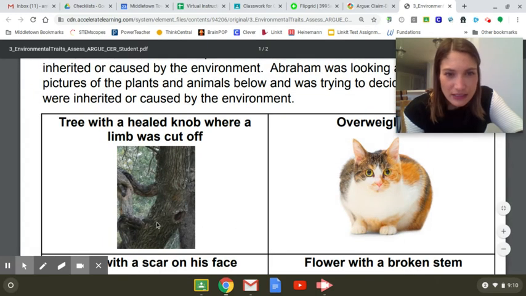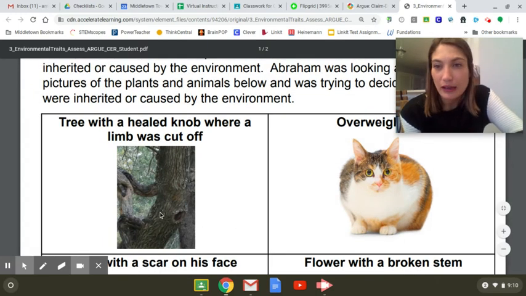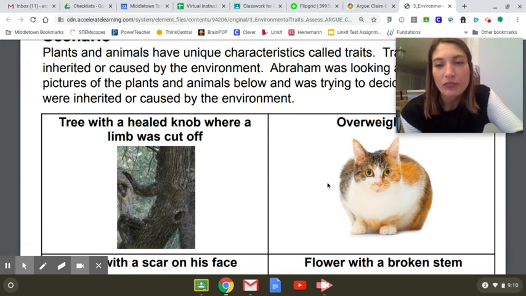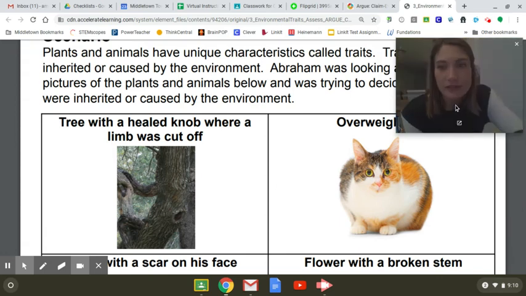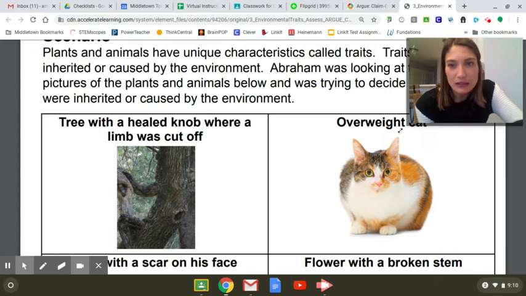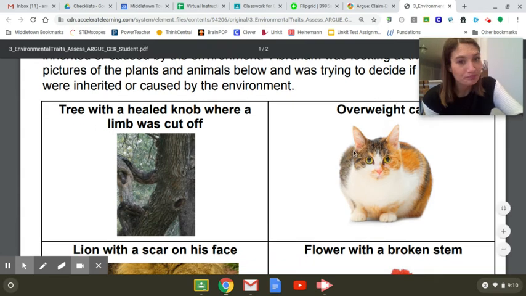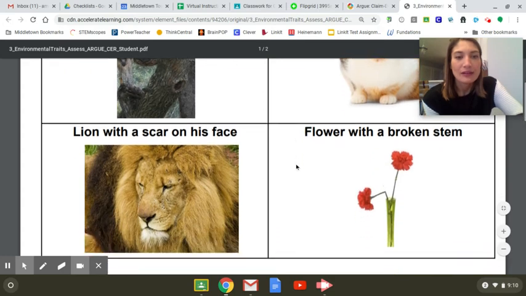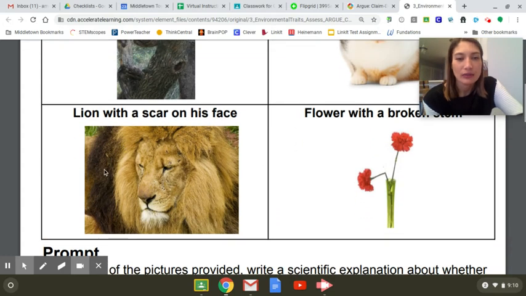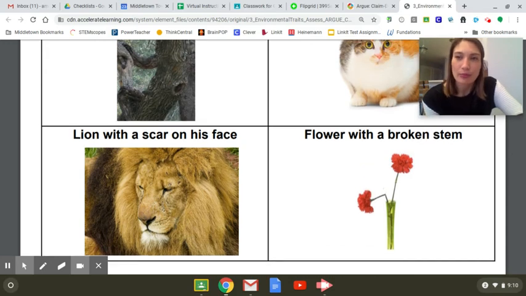If you could see here, the tree limb was cut off. Then we have an overweight cat who ate too much. Then we have a lion with a scar on his face. And then we have a flower with a broken stem.